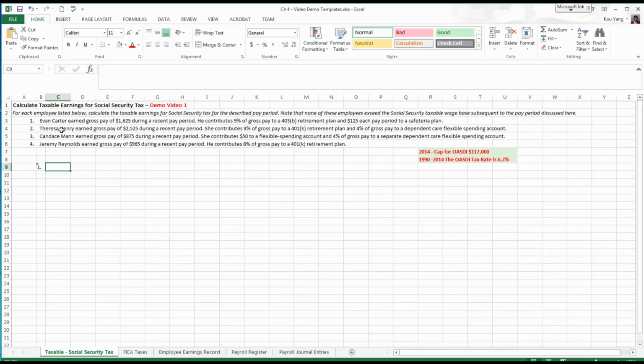Okay, so for each employee listed below, calculate the taxable earnings for Social Security for the described pay period. And note that none of these employees exceed the Social Security tax wage base subsequent to the pay period discussed here. All right. So far so good. We're going to take number 1 into consideration.